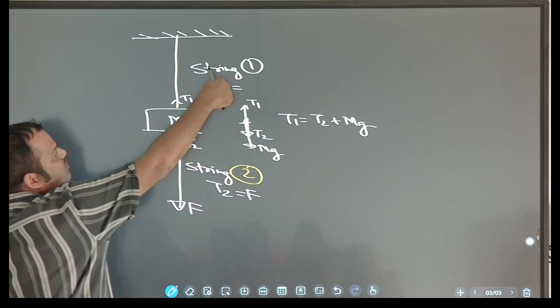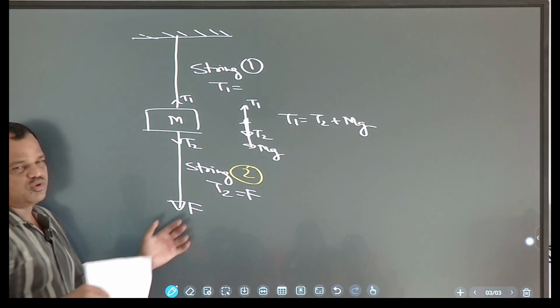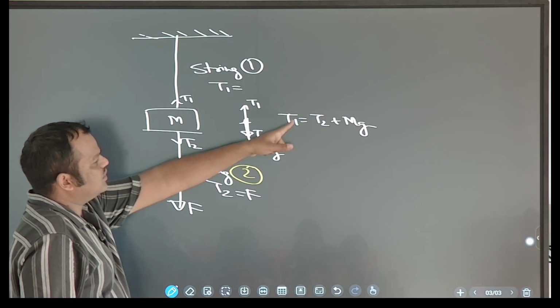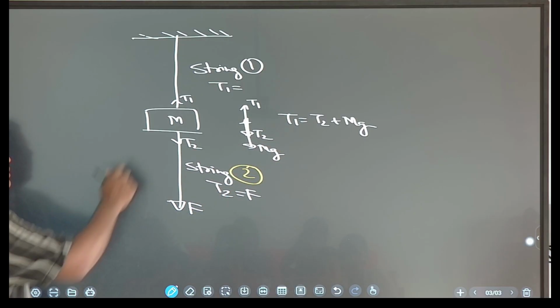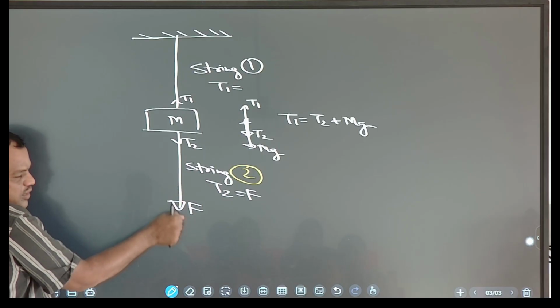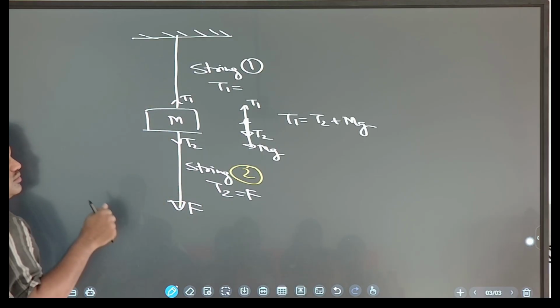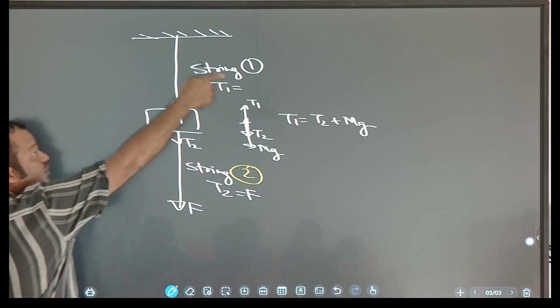Which is greater, T1 or T2? T1 is greater. So when you are holding it and pulling it down, which string will break first? String 1 will break first.